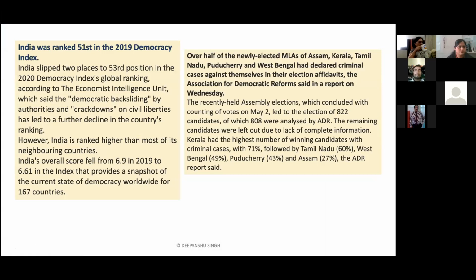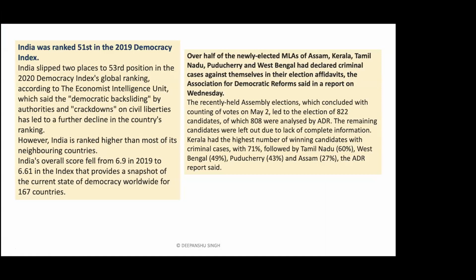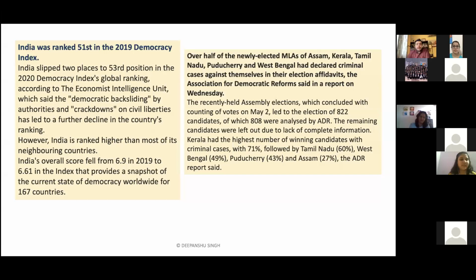Also, as per the report published by ADR, a non-profit organization working in the field of electoral reforms, most of the candidates who are given preference in elections have a criminal background or have some sort of criminal cases pending against them. And interestingly and shockingly, it's one of the highest in the past few elections.